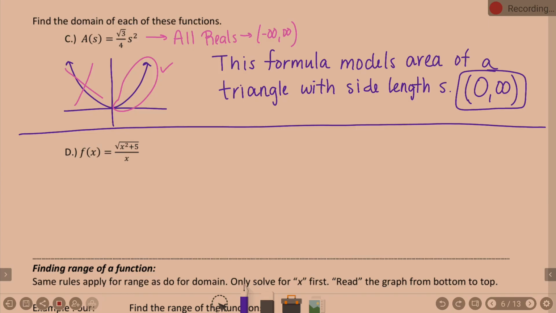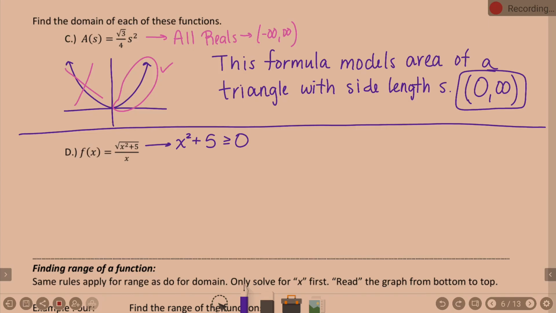What are you thinking? The square root. Hmm. x squared plus 5 has to be greater than or equal to 0. Technically, solve it.